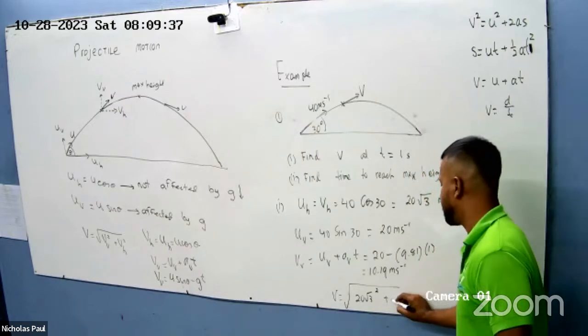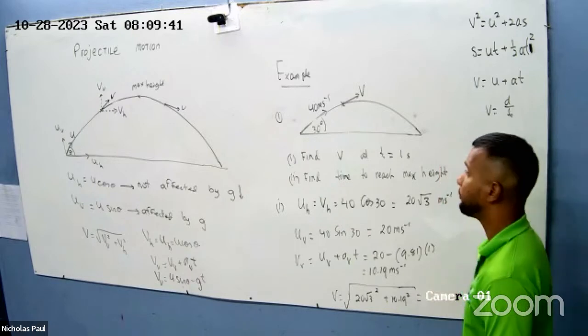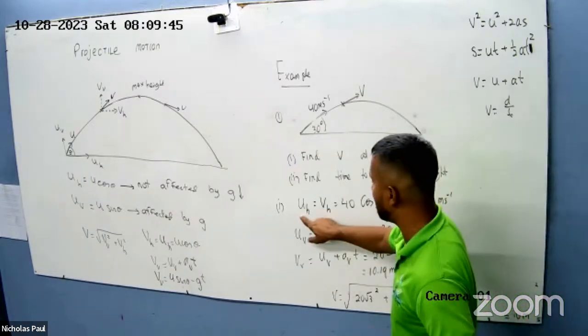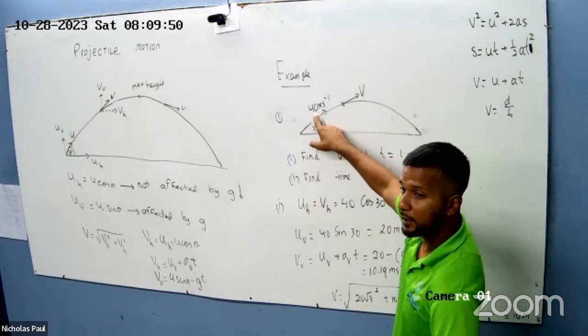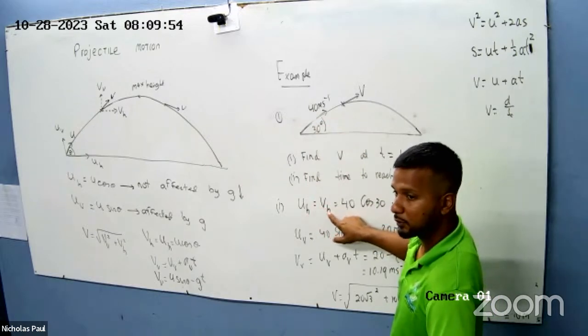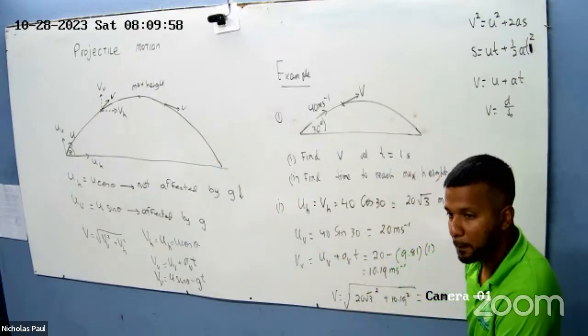And V vertical is 10.19 squared. U horizontal is the initial horizontal velocity, and initial horizontal is the same as final horizontal. That's horizontal velocity constant. That's okay?